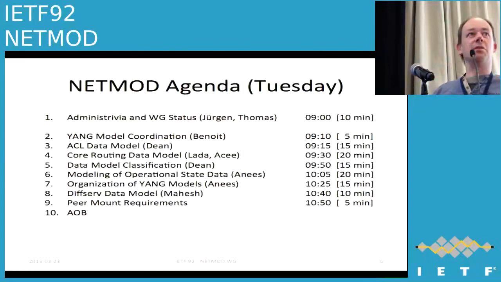What's happening in the IETF in order to control the many data models that are currently being submitted. We talk about the ACL data model, the core routing data model, which are working group items, and then data model classification and the modeling of operational state, individual submission, the organization of Yang modules, individual submission, the diffserv data model, and the peer bound requirements and any other business on the data modeling front.